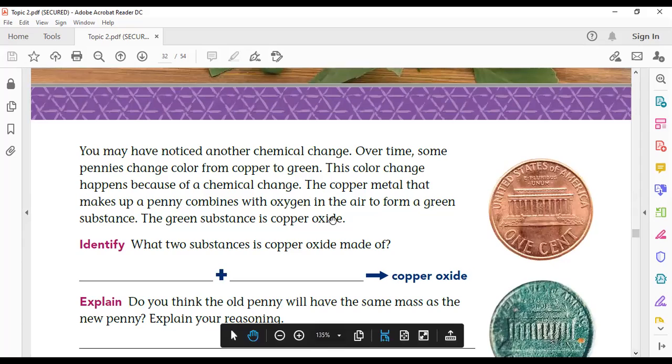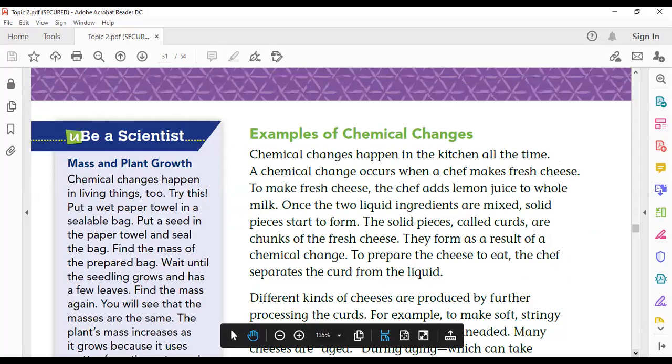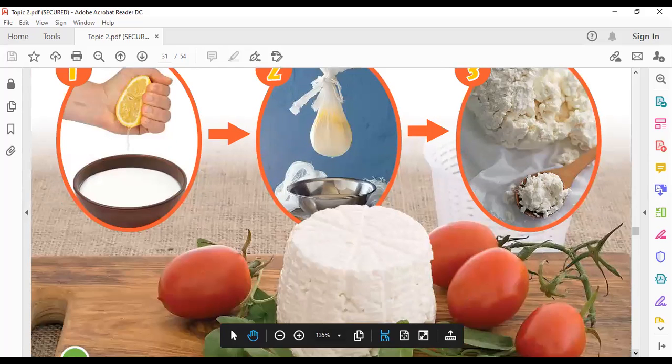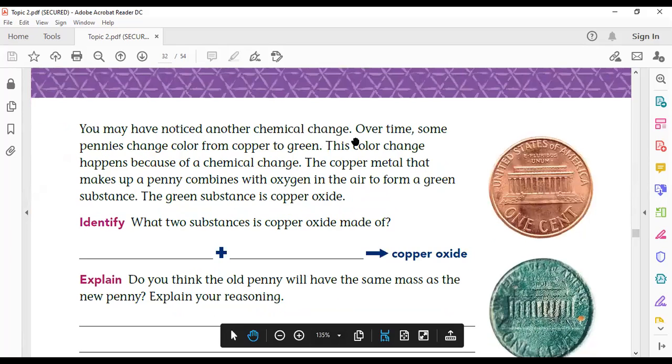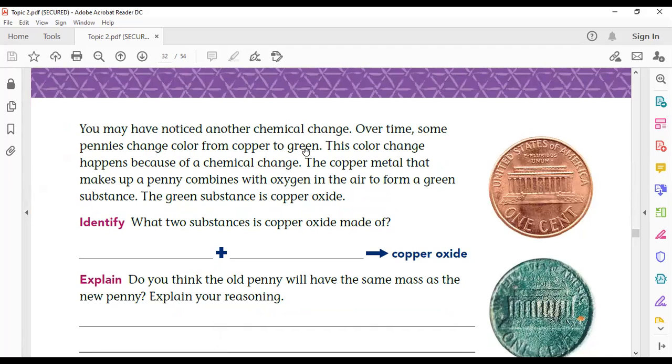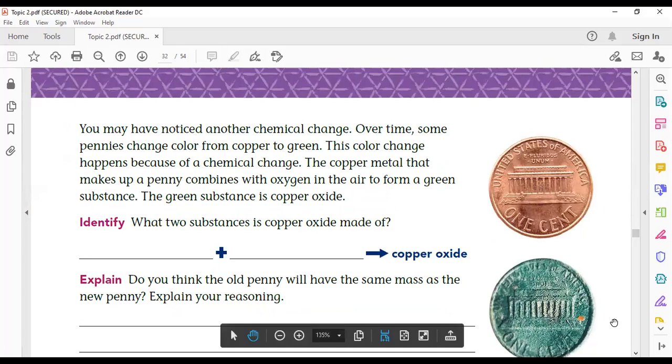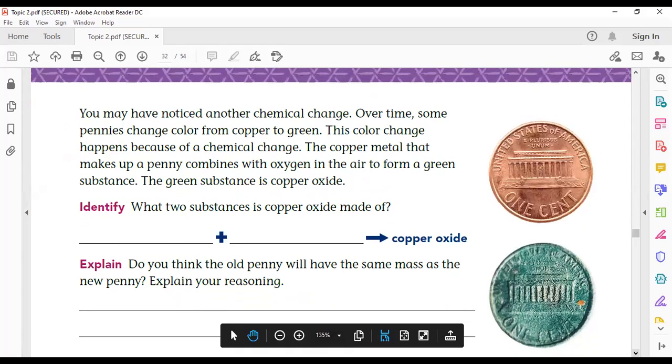Another example of chemical changes. You may have noticed another chemical change over time. Some pennies change color from copper to green. Look, this is a penny. Look at its original color, and look what happens to this penny. It's a chemical change.